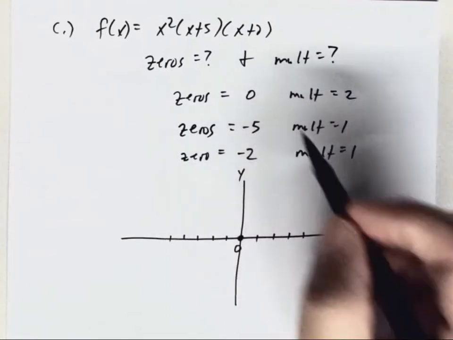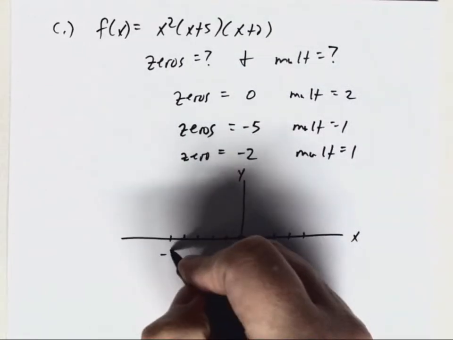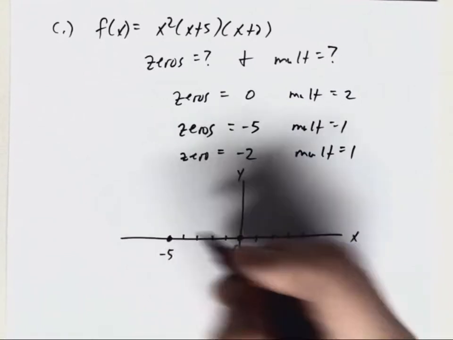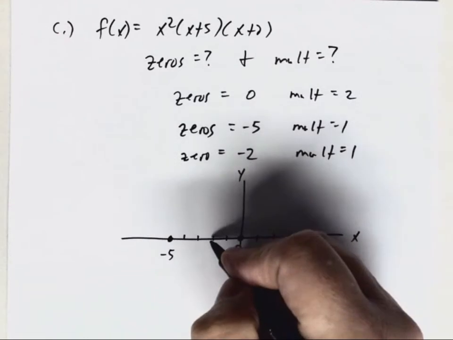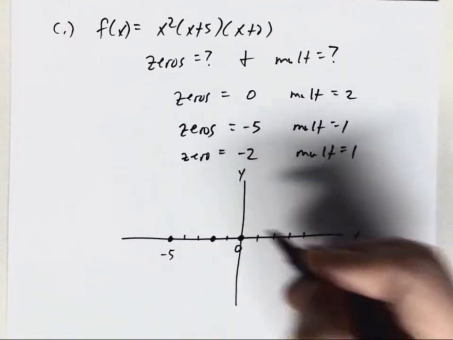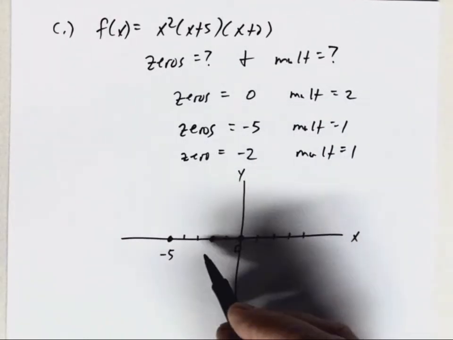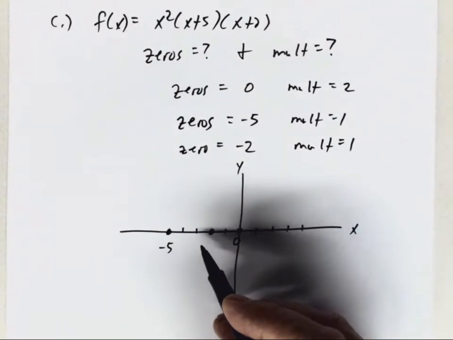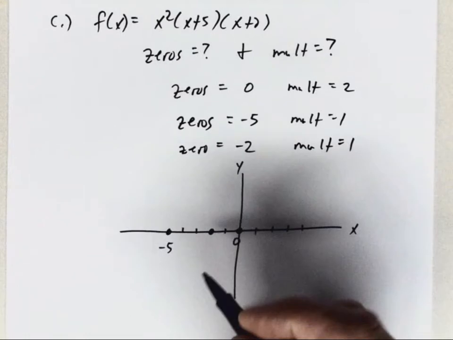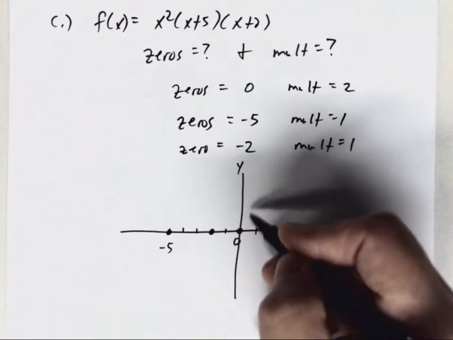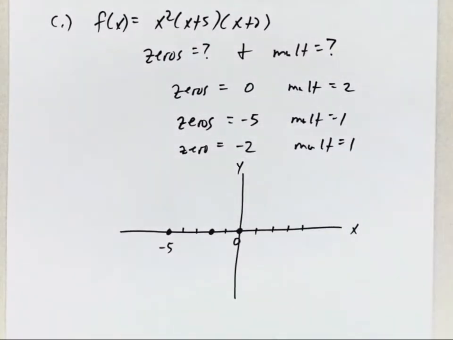The zero at minus 5 is like an x-intercept of minus 5, and it's right here. And then I've also got a zero of negative 2, which is like another x-intercept. So my graph, if I were to try and draw it, is going to go through all three of these points. It looks like it's going to have to really be like a crazy graph.